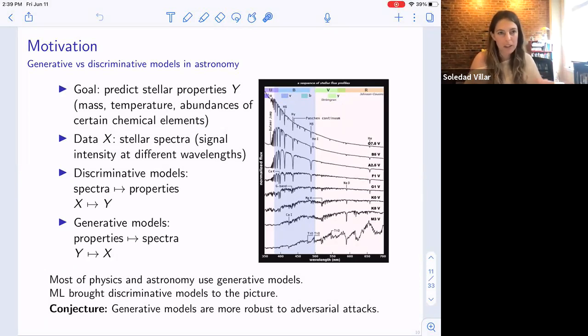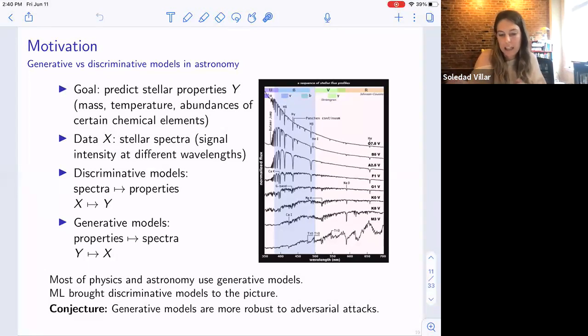You never do the discriminative way, because the generative way uses your knowledge of physics and of the world. His claim was that generative models are going to be more robust to adversarial attacks, and generally better at generalization.